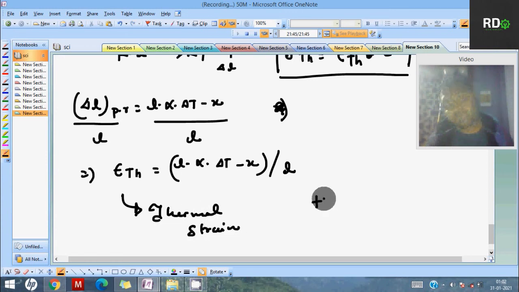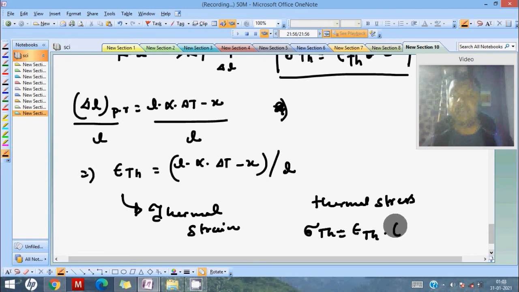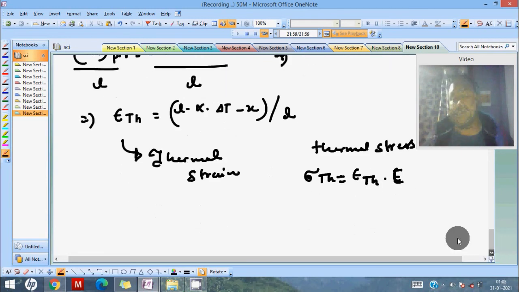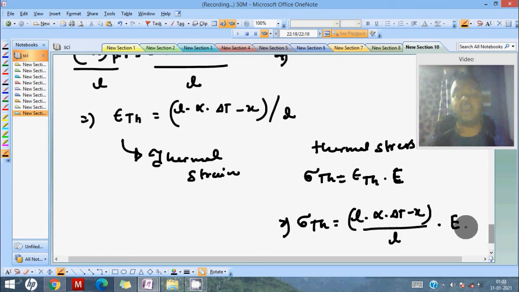And now the thermal stress, we have written the expression earlier, sigma TH equal to epsilon TH into E, that is Young's modulus. So your sigma TH will be L into alpha into delta T minus X whole by L into E. Okay, that will give you the thermal stress for the partially restricted case.